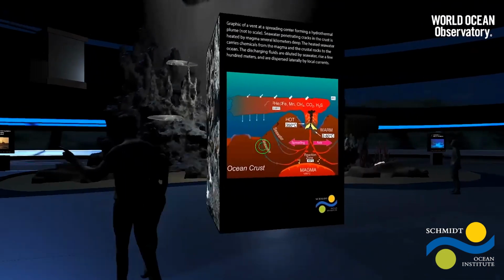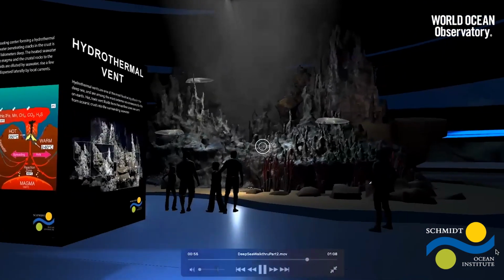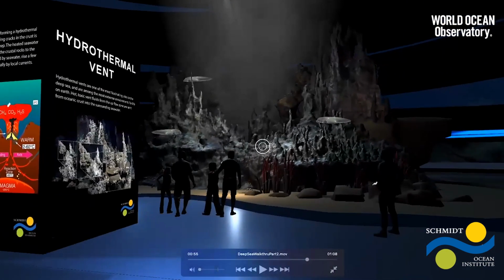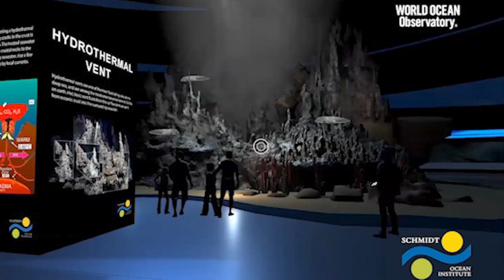Now, Bjorn, I wonder here if we want to talk a little bit about what we're working on right now. Yeah, sure. Right now, we are working on developing some teaching modules for interacting with the hydrothermal vent exhibit and the 3D environment. It's fun to explore, but I think for some students, it's definitely going to help with some guided directions.